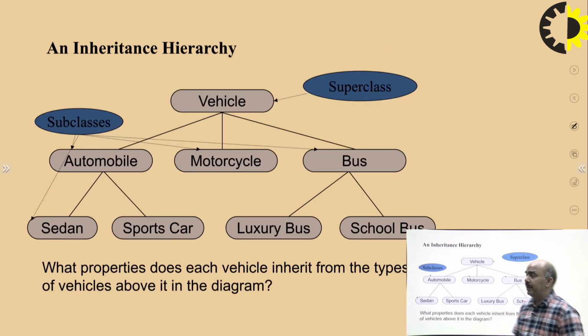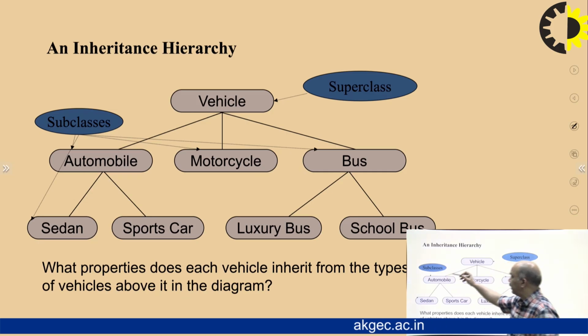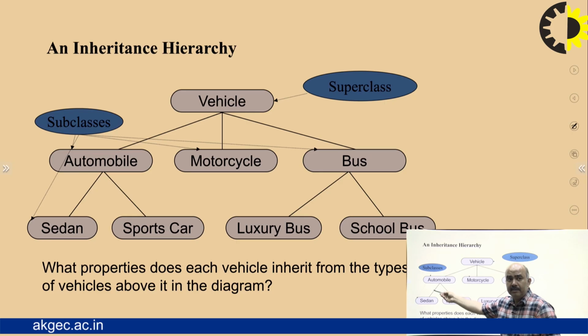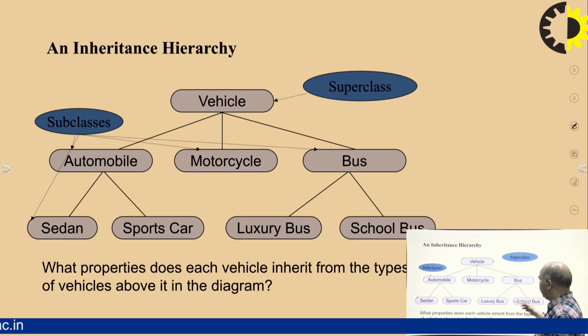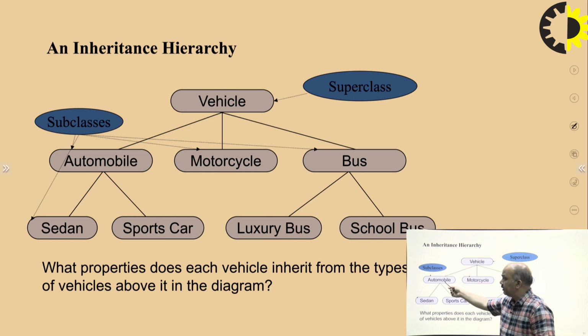This is an example we have taken: vehicle is the superclass here. We have automobiles, motorcycles, and buses, certain categories that come under vehicles, and they have certain properties which further create subclasses. This subclass will inherit the properties of the vehicle.